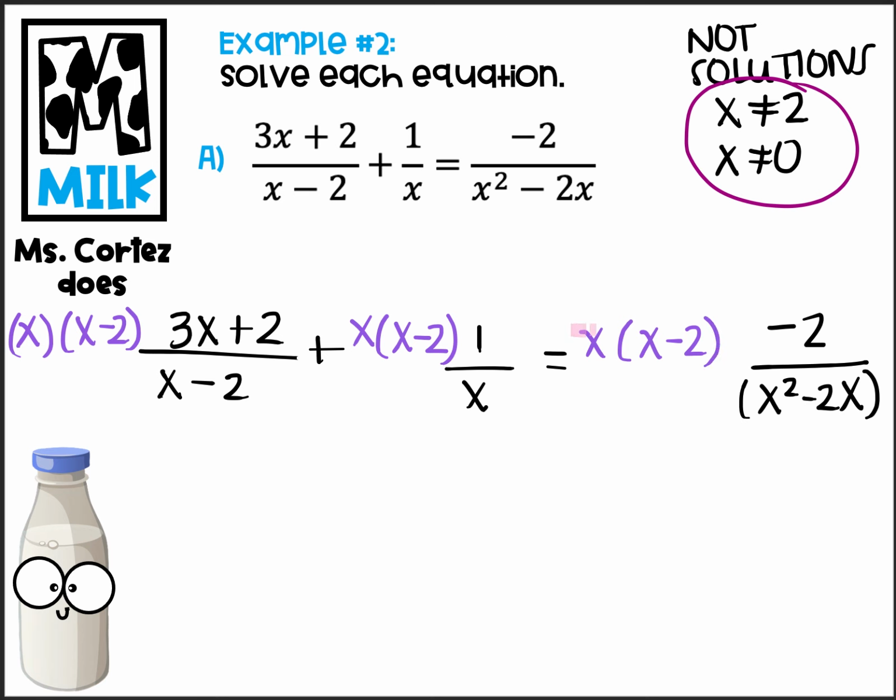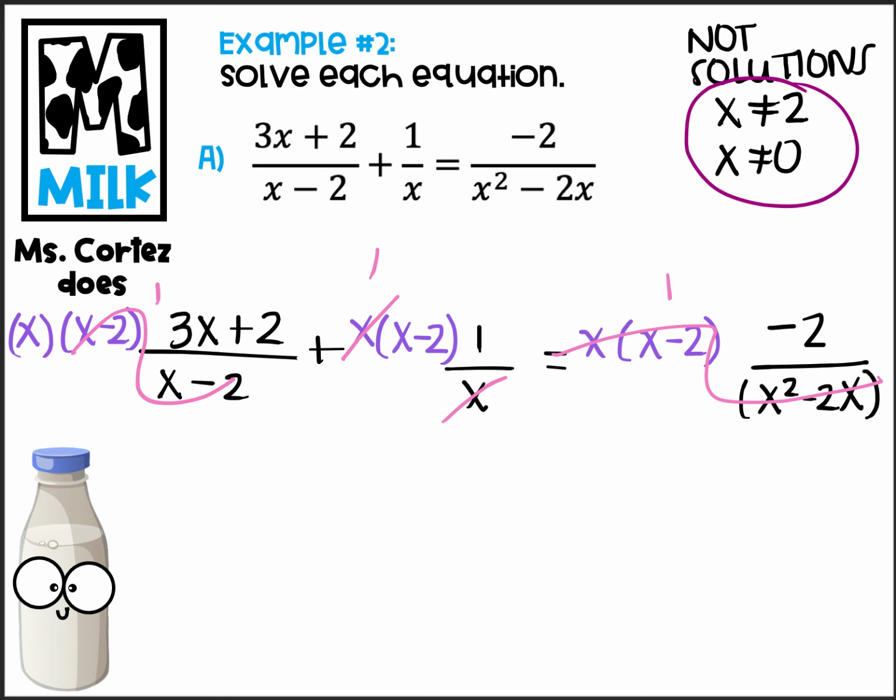So this over here will be 1. The whole thing would be 1, so I can reduce it. On my first term, I can only reduce the x - 2. And on my second term, I can reduce the x, because those are equal to 1.